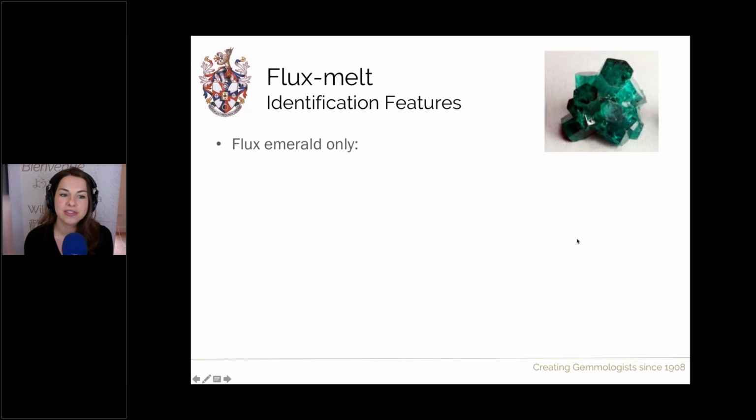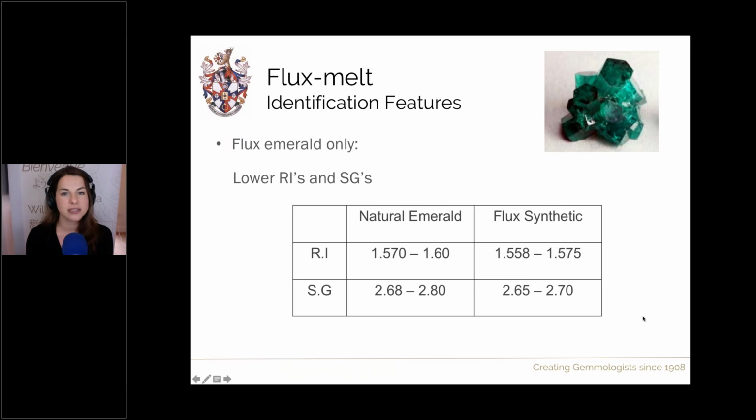Additional identification features for emerald only occur during testing, because flux emeralds typically have a lower RI and SG compared to natural emeralds. Now, there is a slight overlap between the RI range of natural emeralds and synthetic flux emeralds, but only a very slight overlap, just from 1.570 to 1.575.